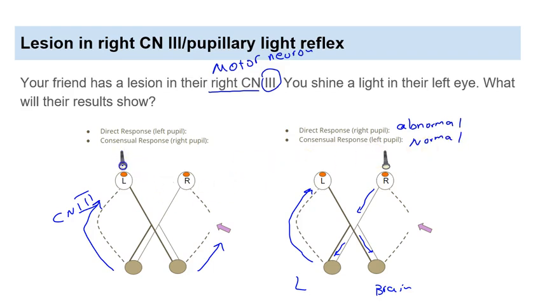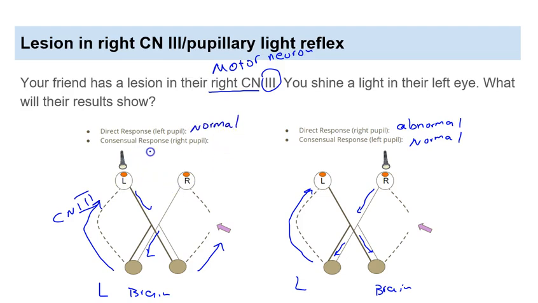If you shine the light to the left side, again, the cranial nerve number 2 is going to send all the signals to the left side of the brain, and then cranial nerve number 3 on the left side is working perfectly and sends the signals back to the eye. And then we would have the normal result.